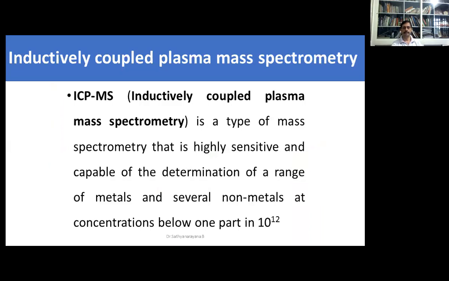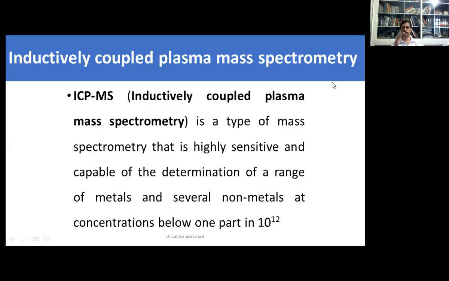And this is most useful for the analysis of Ayurvedic products, especially rasaushadhis, because they are having highest sensitivity. This ICP-MS is a type of mass spectrometry that is highly sensitive and capable of determination of a range of metals and several non-metals at concentrations below 1 parts per billion.